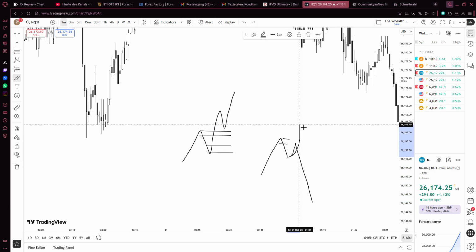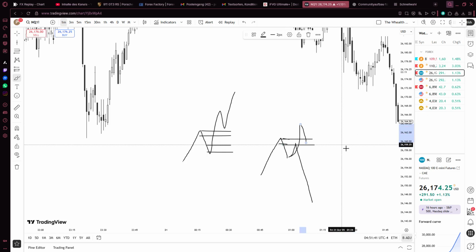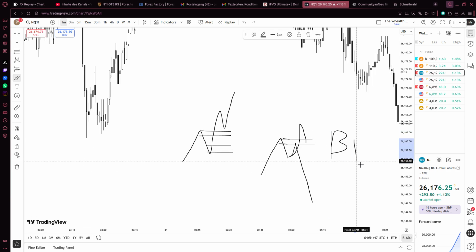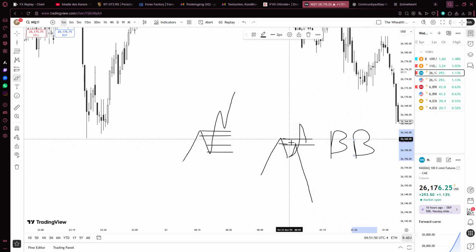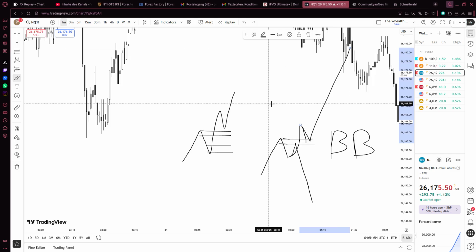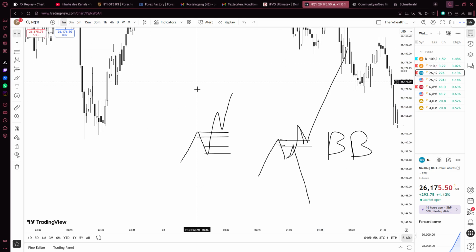We inverse the order block, tap back into it. Now it becomes a breaker block. Okay, it's a breaker block. So we inverse it, we tap back in, and then we should distribute higher.